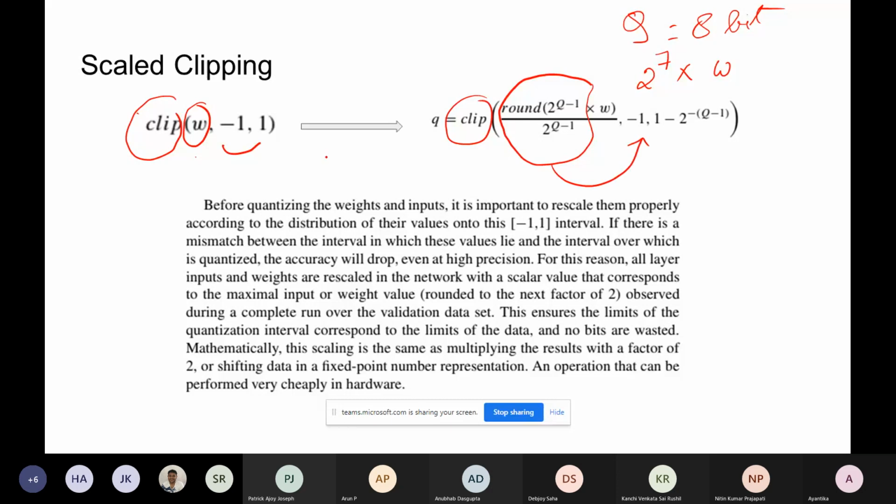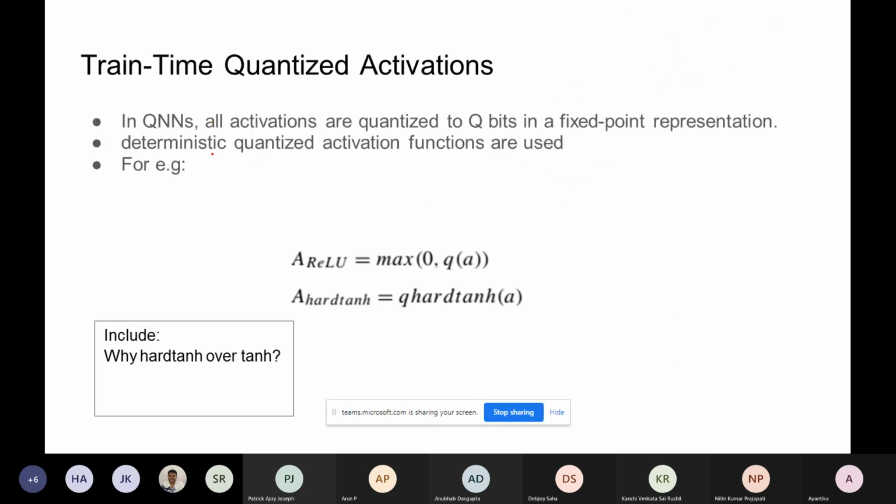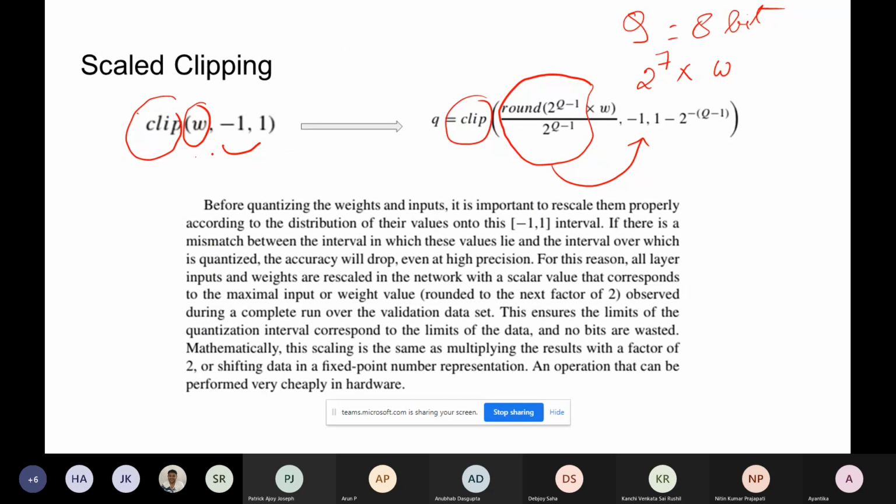Okay, so clipping means you are chopping the values, but it is a scaled clipping from your input to output. So this is about how you are modifying the weight.